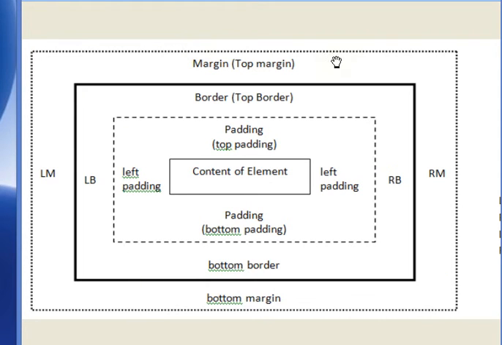So this box model is very important to understand the real working scenario of all these 3 things, mainly the border, padding, and margin properties of CSS. Okay, so this is all for this lecture, guys, and we'll see you in the next lectures where we will see all these properties, margin, border, padding, one by one.